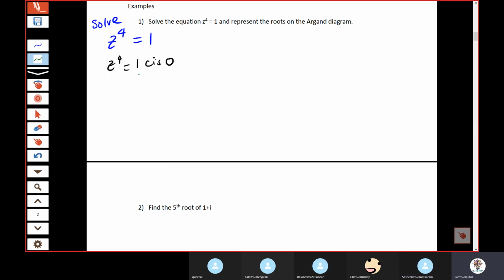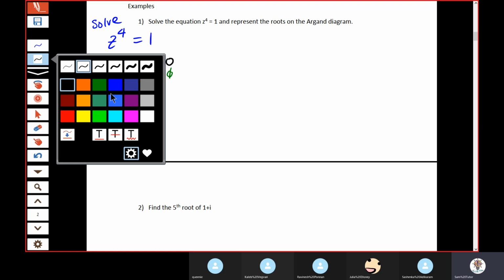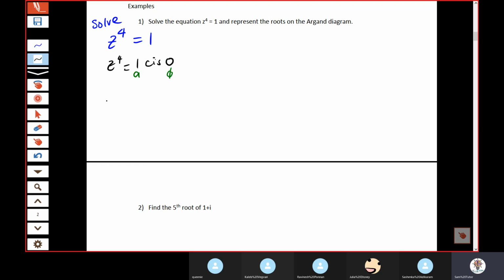For now, since we're just starting off, why don't we label this as A, and label this as phi. Then, what's our formula? Our formula is r equals A to the 1 over n, and theta equals 2k pi plus phi over n, for k equals 0, 1, 2, until 1 less than the n value I have.